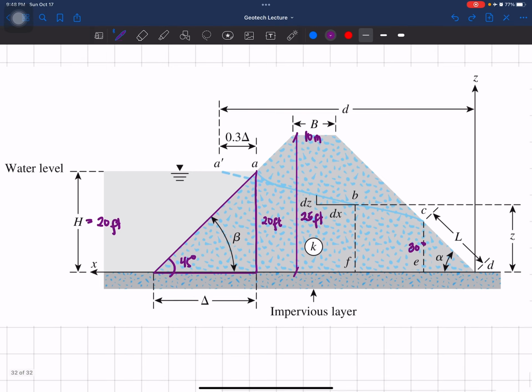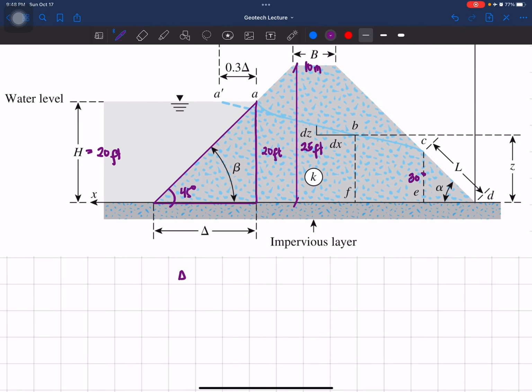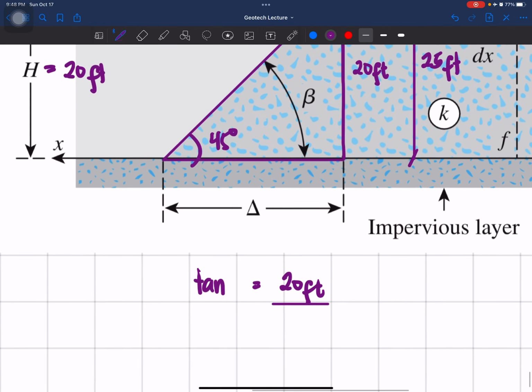Okay. So, your delta is actually given by, let's use tangent. So, tangent of delta is equal to 20 feet all over... joke lang guys, hindi pala, that's tangent of 45, not the delta.